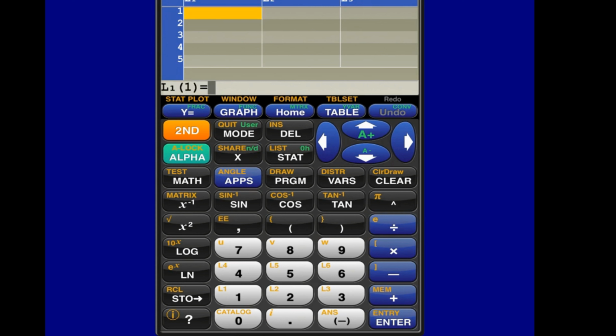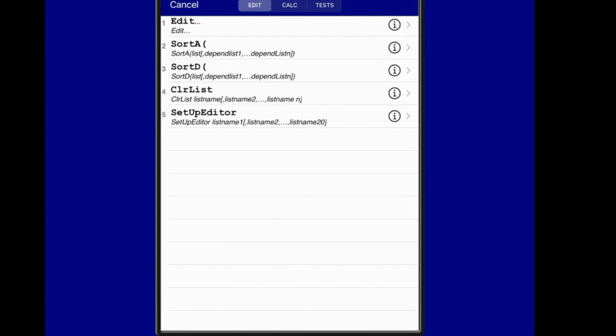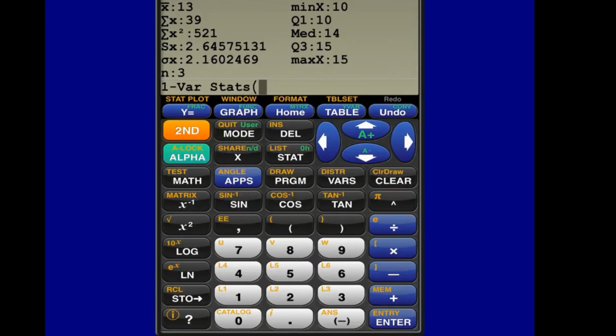Enter. 10.67, 11, 12.33, and 13. Stat, calc, one var stats, and press enter. There, my average is 11.75, and my standard deviation is 0.95.